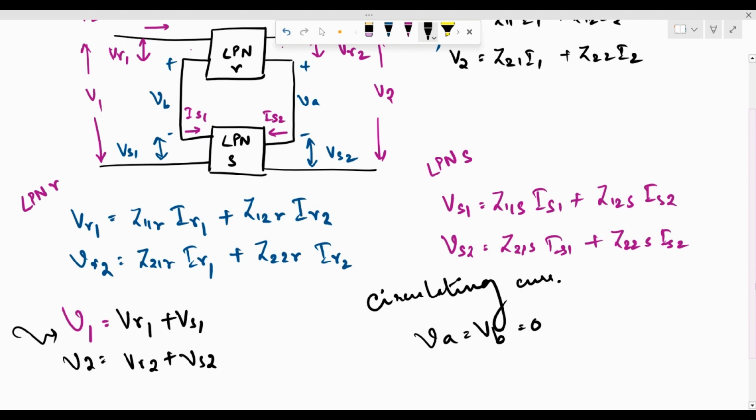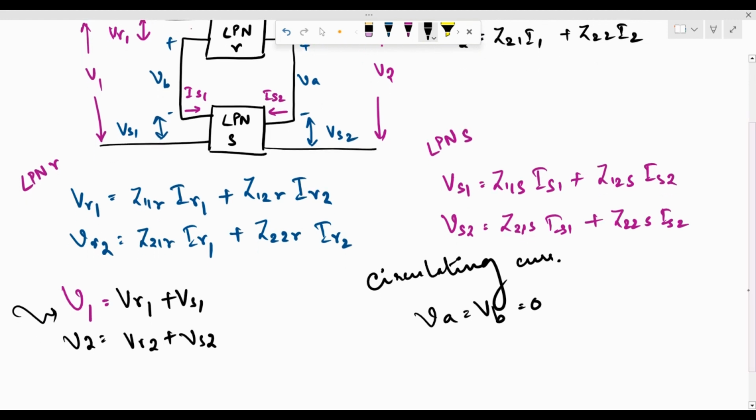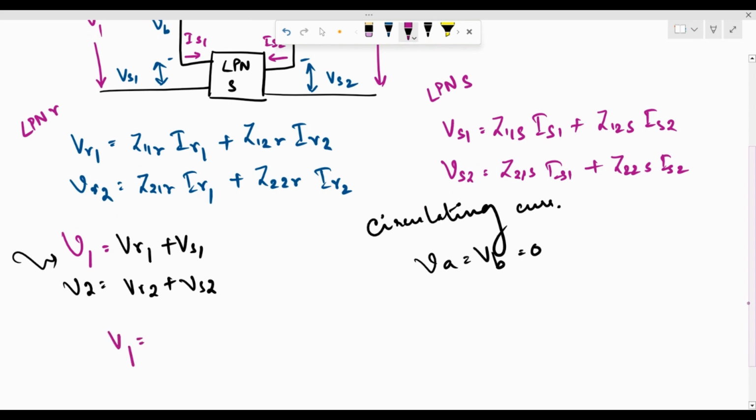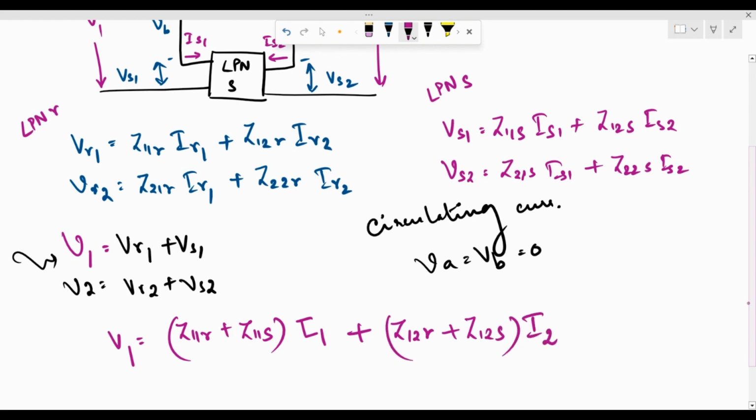So having said this, now we can replace the expressions for VR1 and VS1, VR2 and VS2 from the four equations that we've already written. So when we do that, we will get V1 as (Z11R plus Z11S) I1 plus (Z12R plus Z12S) I2. Why do I say so?